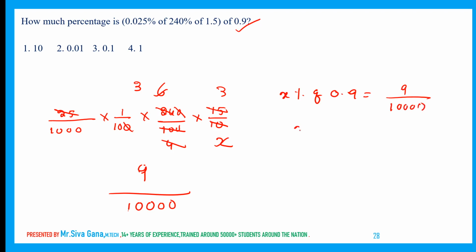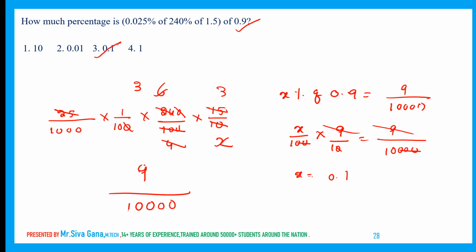So x percent, x by 100 into 0.9 is nothing but 9 by 10, not 100, 9 by 10, right? 3 zeros. So x is equal to how much? 0.1.